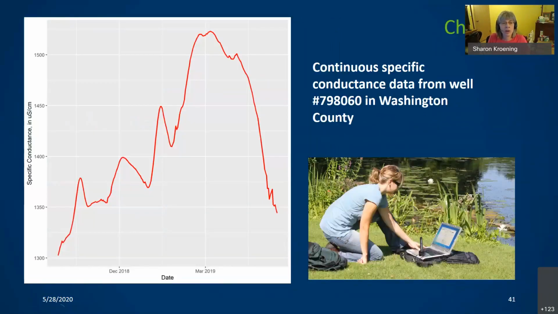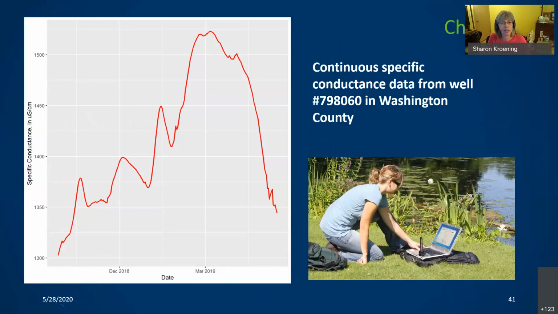And another thing that we're doing to get a handle on how chloride changes in these shallow sand and gravel aquifers is to install these little devices here, which are sensors that monitor specific conductance.